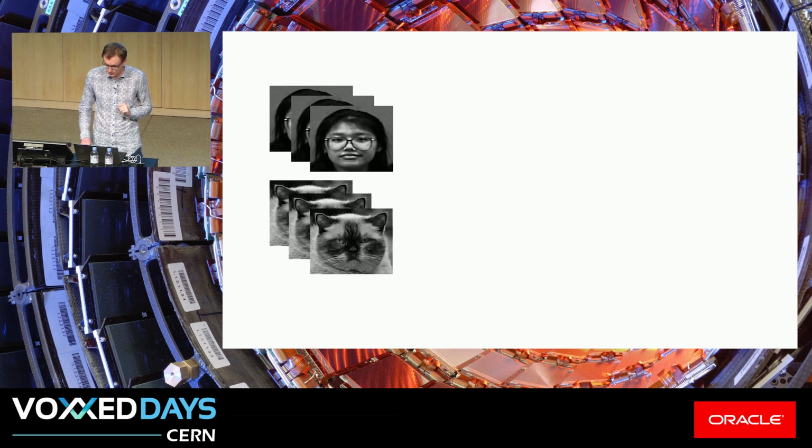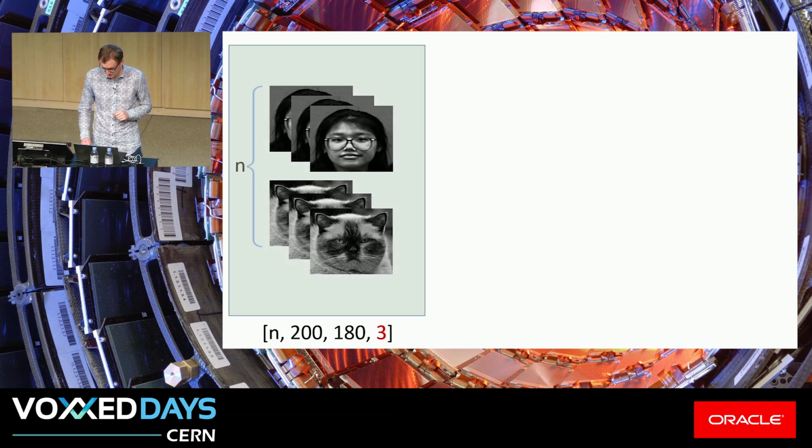Now in code, an image is a matrix, and many multi-channel images is a tensor. Here, n, because we have n images, by 200 by 180, which is the size of the image, by 3, because we have 3 channels like RGB.